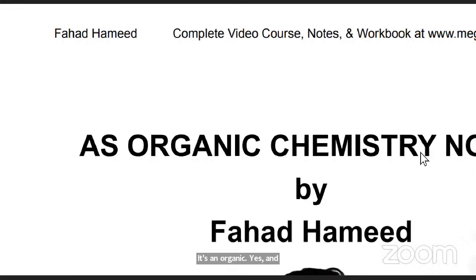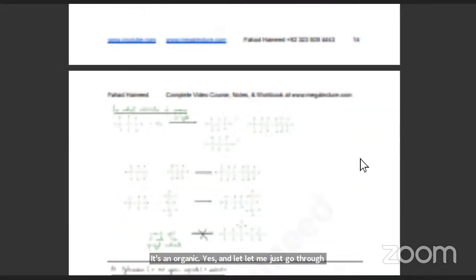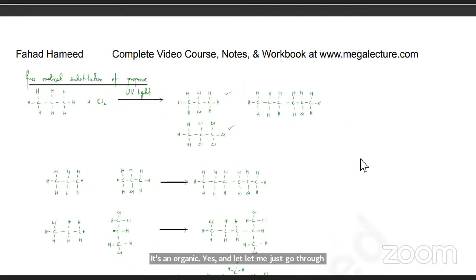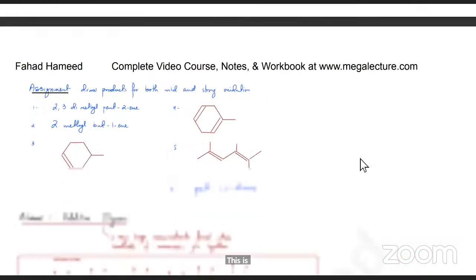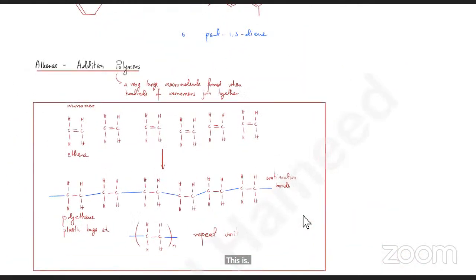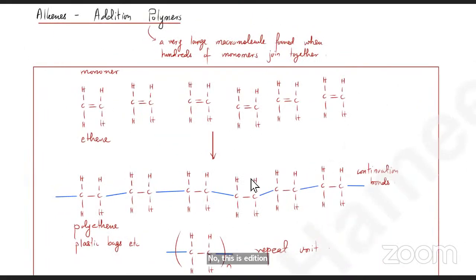Let me go through this. Where's alkenes? This is free radical substitution, and now this is addition polymerization, right? PVC, polyvinyl chloride.